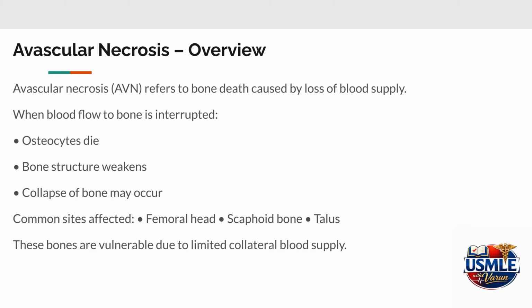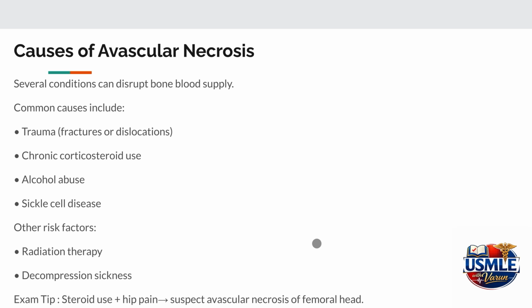Eventually, necrosis occurs because of avascularity. This is called avascular necrosis. The most commonly affected site is the femoral head, and other vulnerable bones include the scaphoid bone and talus.